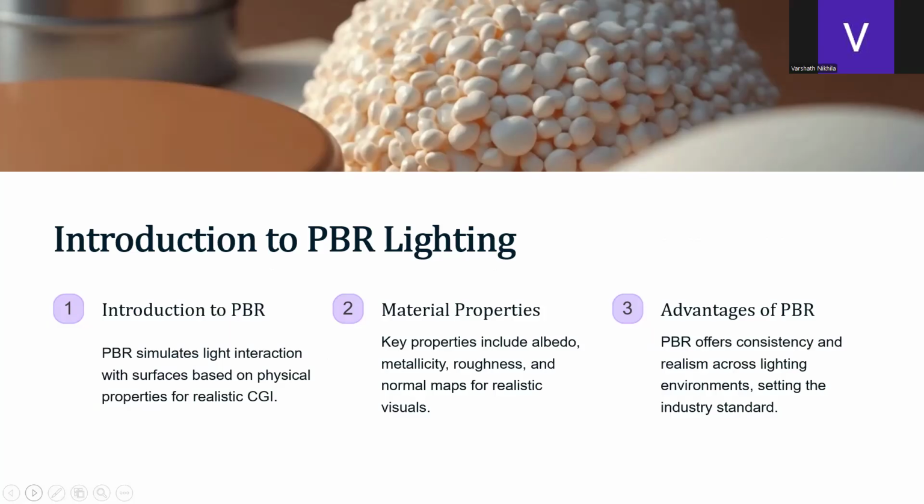Albedo is the base color of the object. Metalness is how metallic it is, and roughness is how shiny or matte the surface appears. Normal maps add fine details like bumps and wrinkles. PBR ensures consistency across lighting setups and is widely used in games and films.